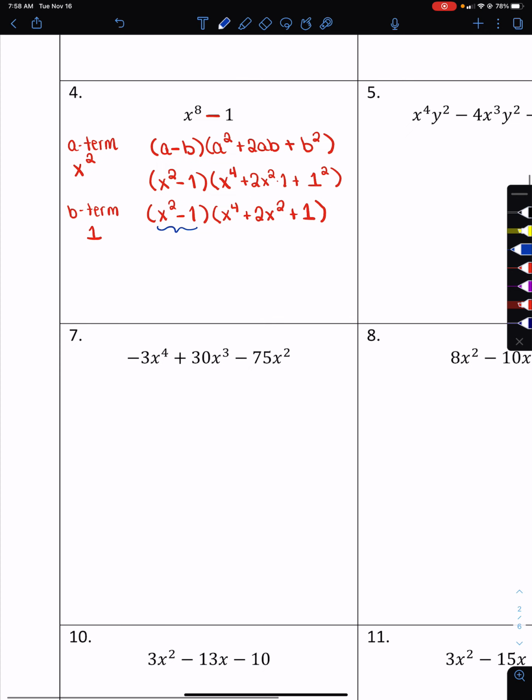Now the a term is x, the b term is 1. I have a plus and a minus, so I'm going to have x plus 1 and x minus 1.